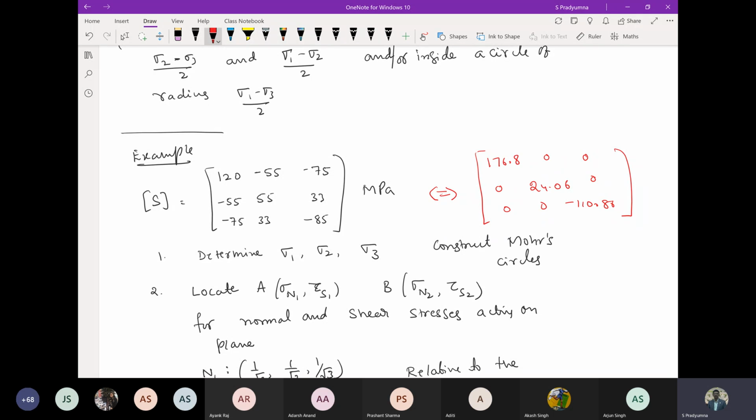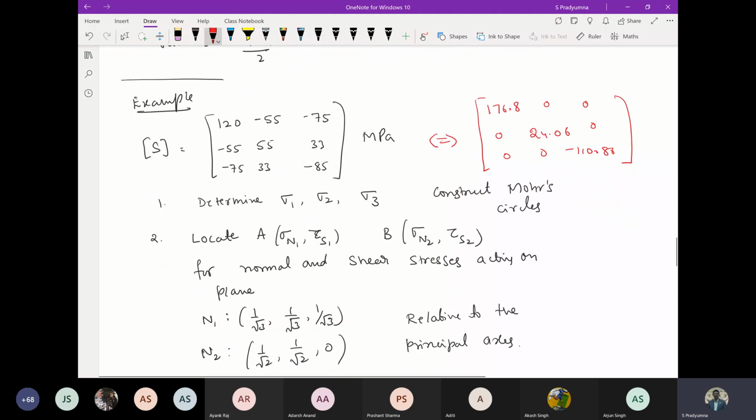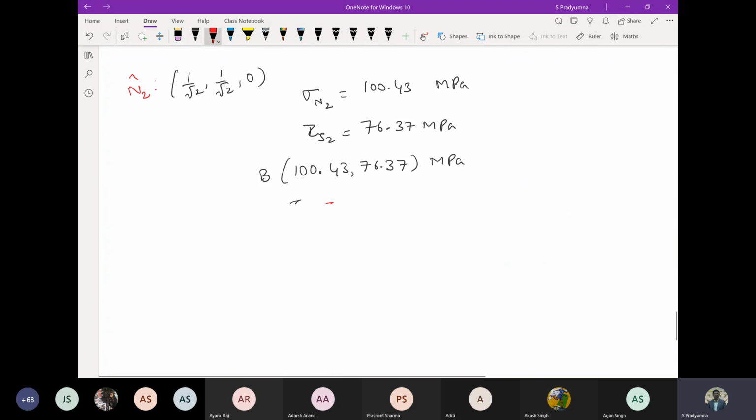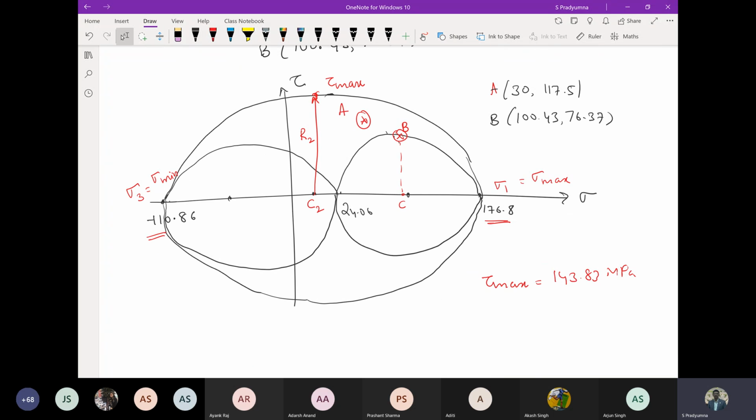Therefore, these two systems are equivalent. The only thing is we have changed the orientation of the coordinate axes, with the origin at the same point we are considering. So this is all about plotting the Mohr circle, the graphical representation of normal and shear stress.